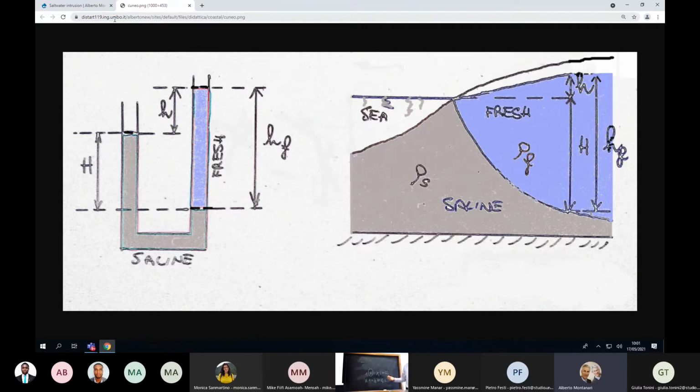For each point of the line of separation between fresh water and salt water, I am studying the equilibrium for each point. If you look at the figure here, now I'm studying the equilibrium for the point where my mouse is placed. And then, for each point of this line, I am interested in knowing the depth with respect to the sea level of this point.